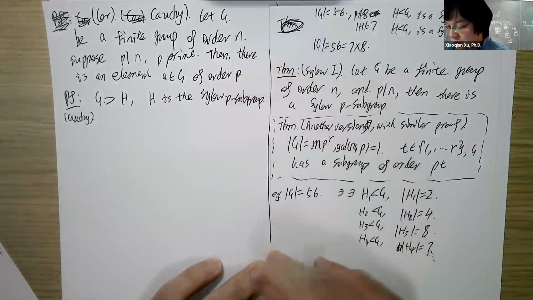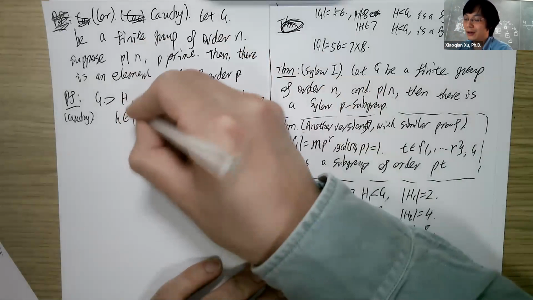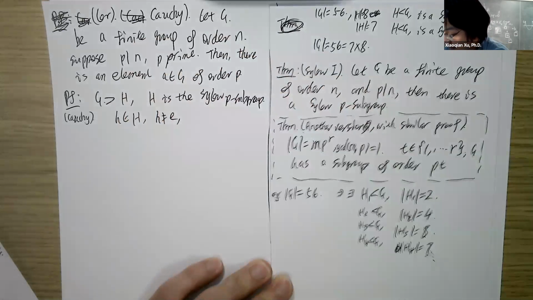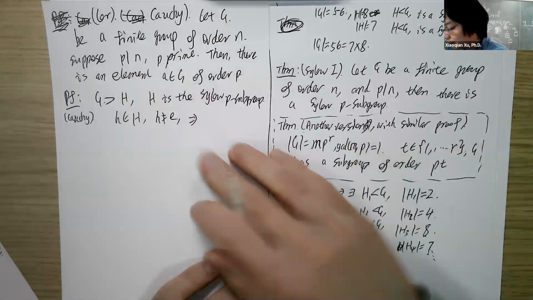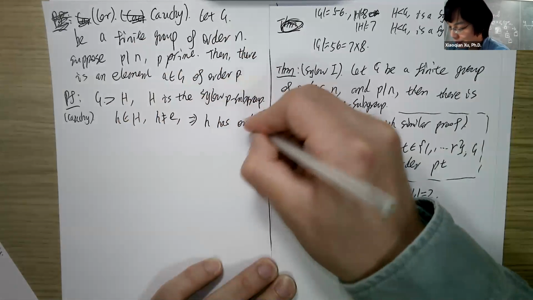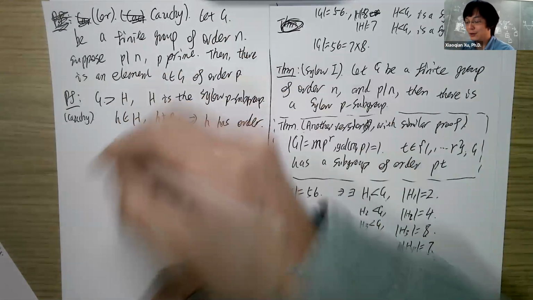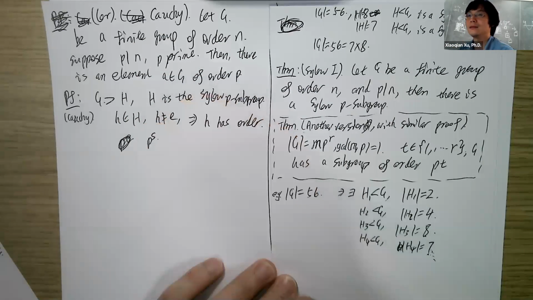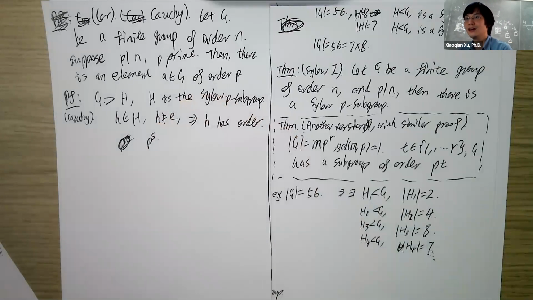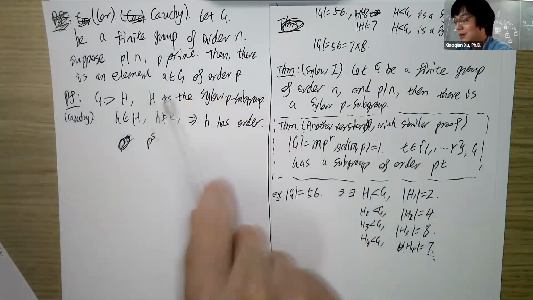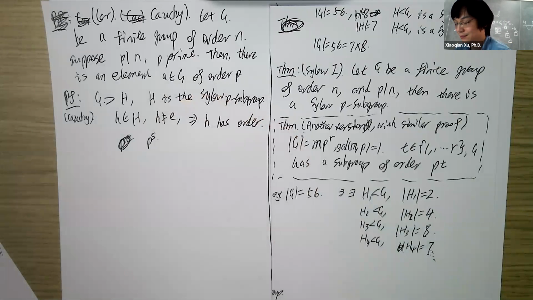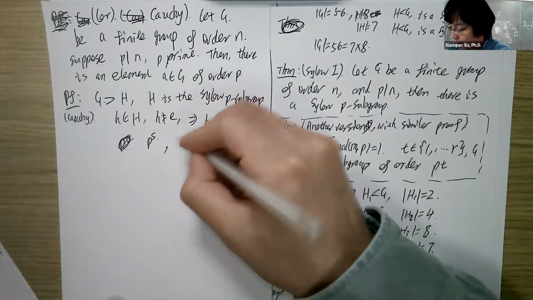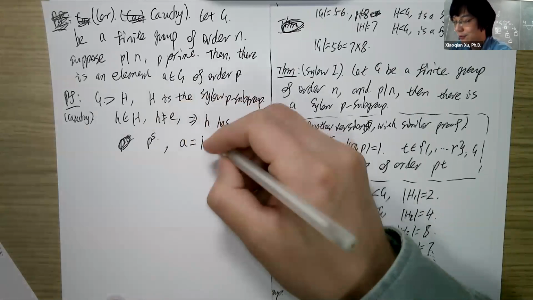Let's take an element h in H. If h is not the identity, then its order must be P to some power S, because the order of an element must divide the order of the group. Then we can choose A to be h to the power P to the S minus 1.